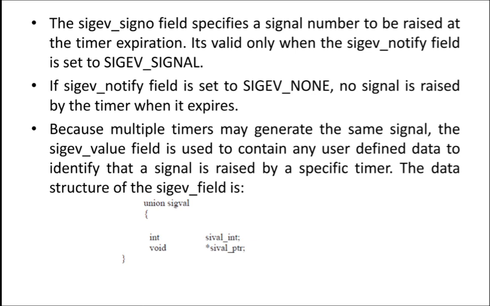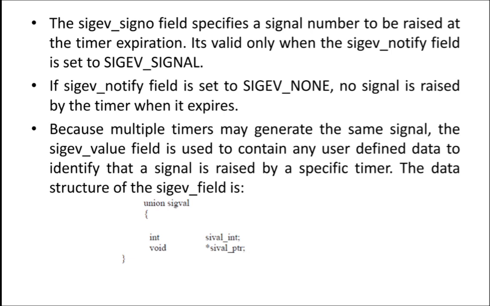What does it contain? The sig event value field is used to contain user defined data to identify that a signal is raised by a specific timer. You can see there the signal value contains the signal value and also a pointer to that value.